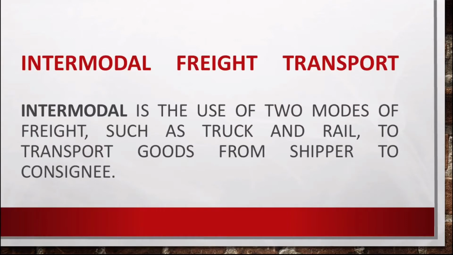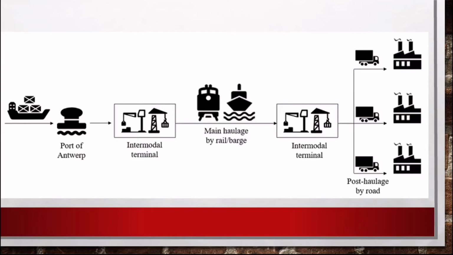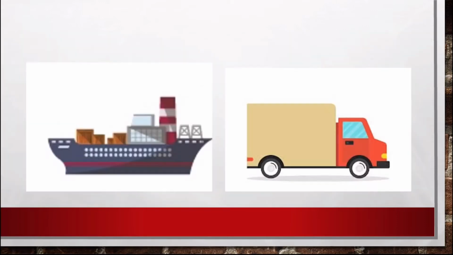Intermodal freight transport is the use of 2 modes of freight, such as truck and rail, to transport goods from shipper to consignee. We all know that even though it's a ship transportation process, intermodal transport is used in this process to complete the shipment. Aside from the ship, land transportation is used to deliver the freight.